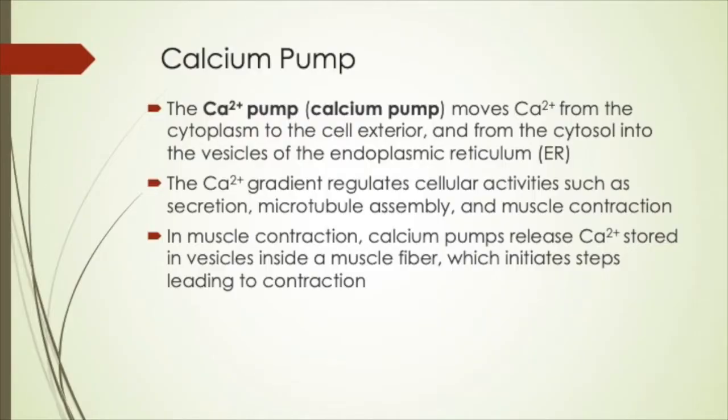Calcium pump is another type of primary active transport. So this moves calcium from the cytoplasm to the cell exterior, and from the cytosol into the vesicles of the ER. Calcium gradient regulates cell activities, such as secretion, microtubule assembly, and muscle contraction. This is especially helpful in our brain.